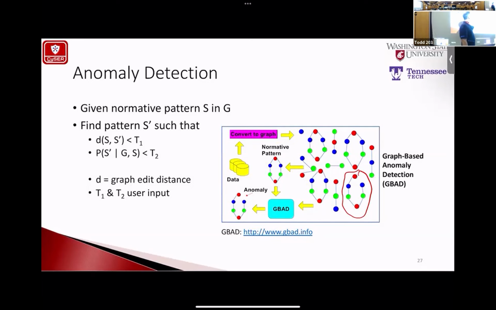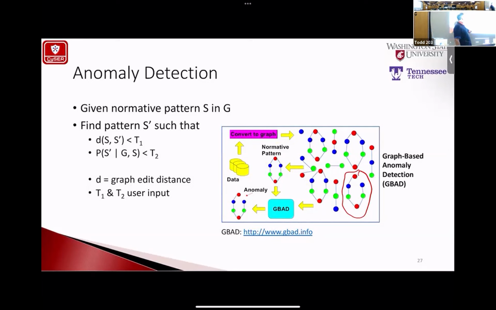Whereas if I chose another graph, like that one, that would require 6 edges to be added and 5 more nodes, so its graph edit distance would be very large. There's a threshold that's defined. The user can define it, but we have defaults that work pretty well.